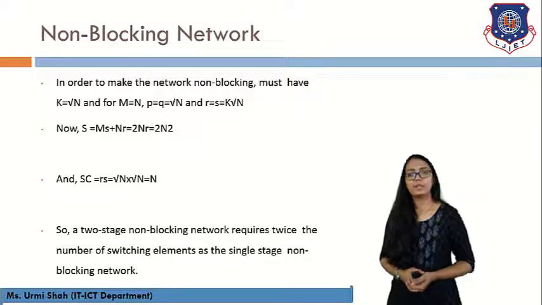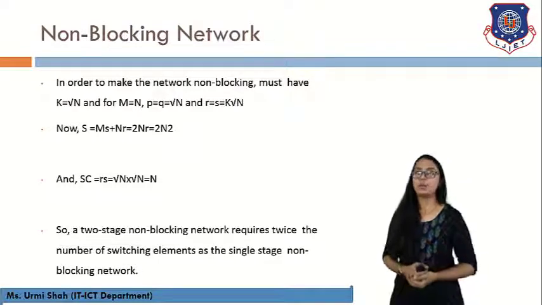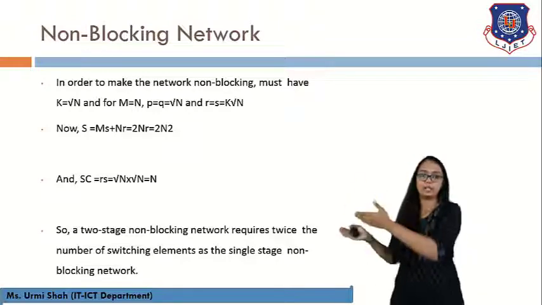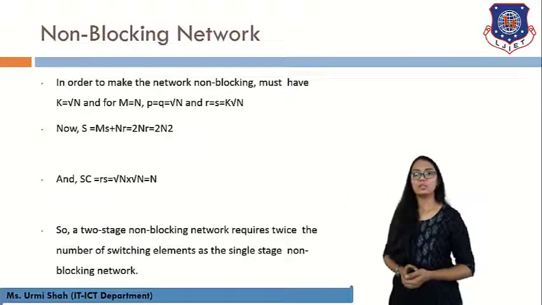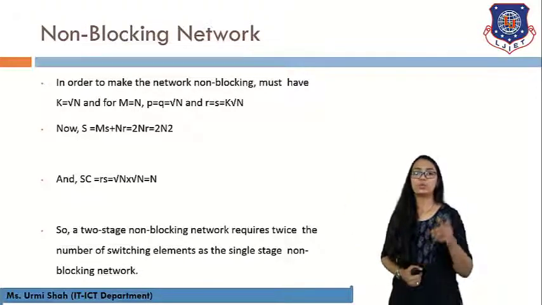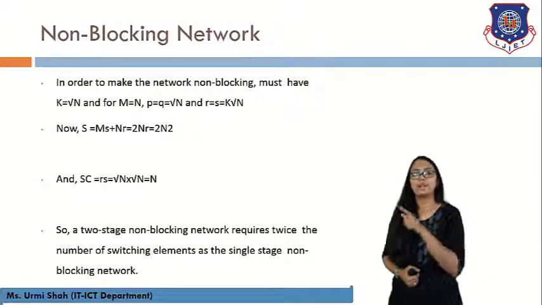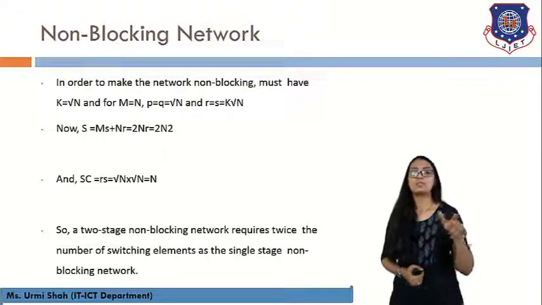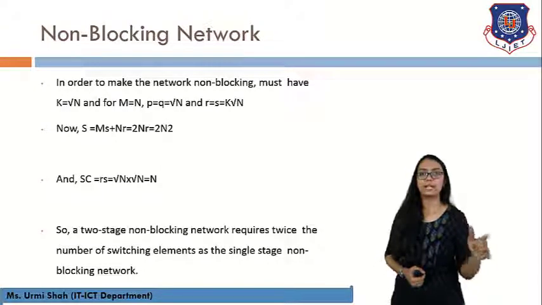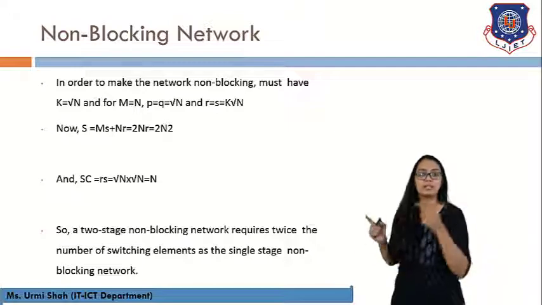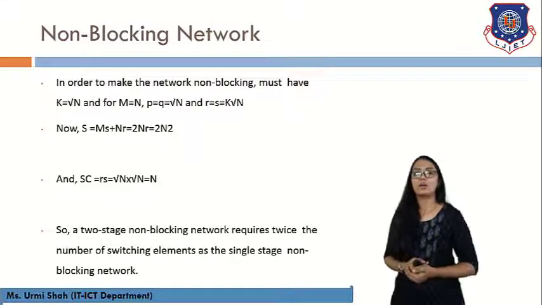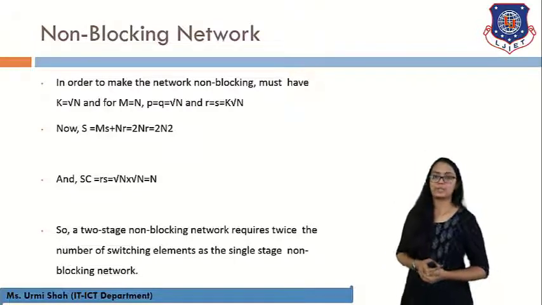In order to make the network non-blocking, you must fulfill the following criteria: k is equal to root of N, for M is equal to N, P is equal to Q is equal to root of N, and R is equal to S is equal to k root of N. So these are the criteria if you want to have a uniform distribution of the network.